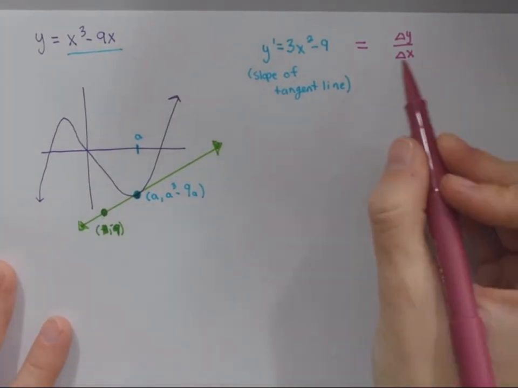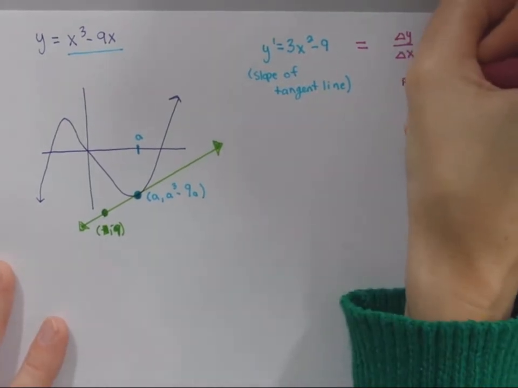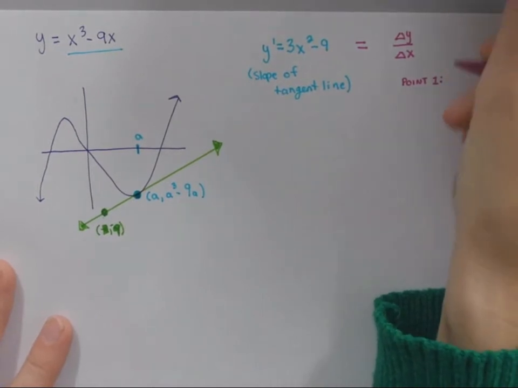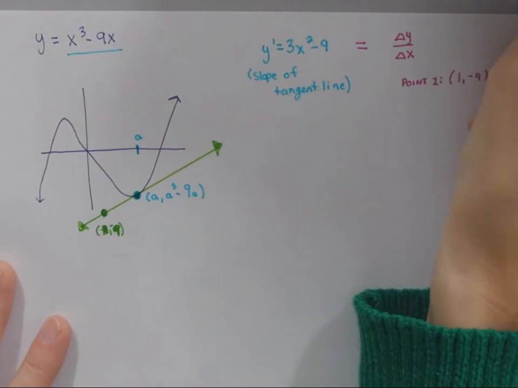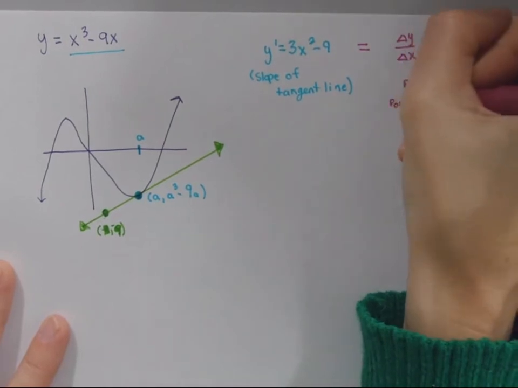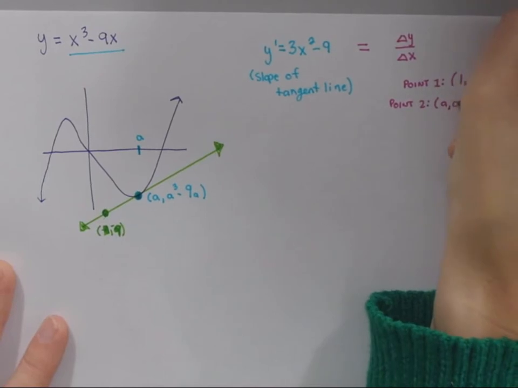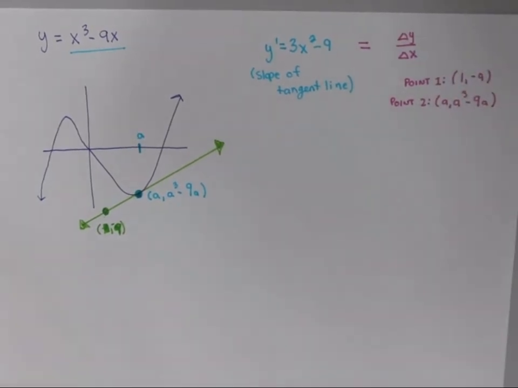So in order to set up this change in y over change in x, we need point 1, which is 1, negative 9. And we need point 2, which is a to the third minus 9a. So now we can write a slope formula.